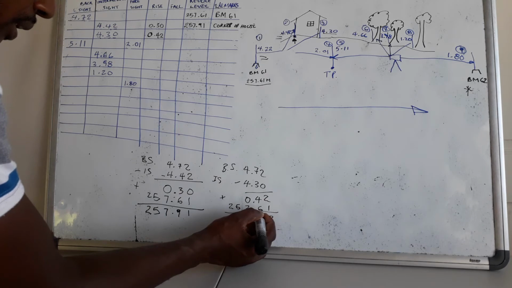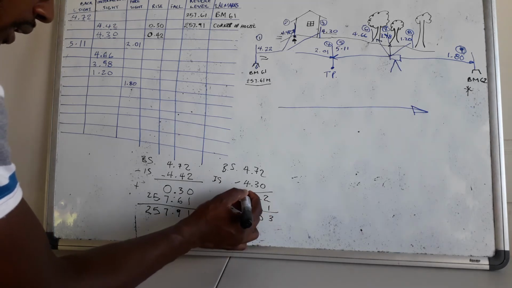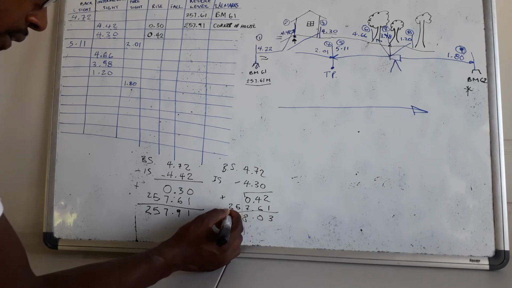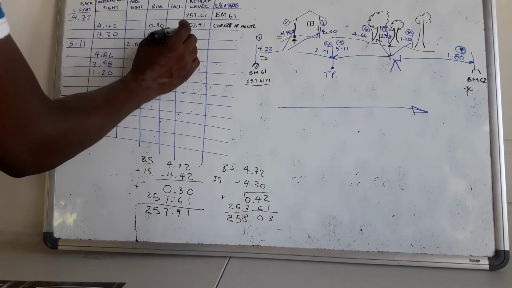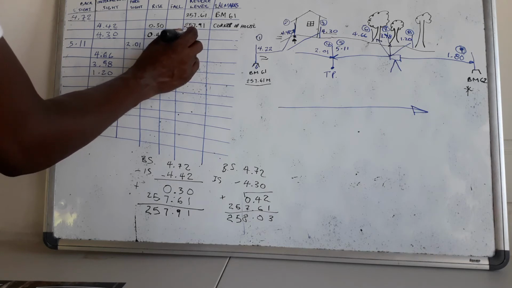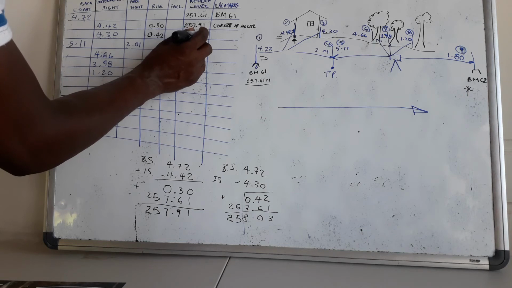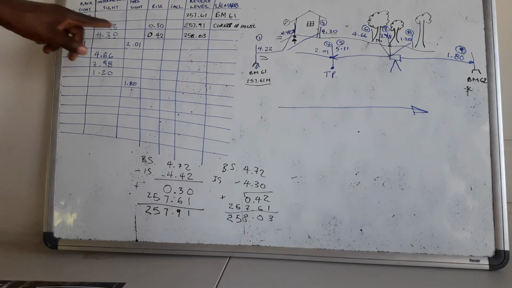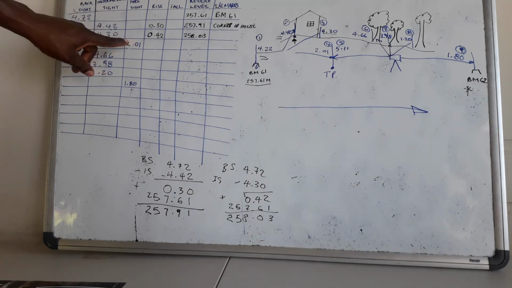So the reduced level here would have been 258.03 meters. Okay?